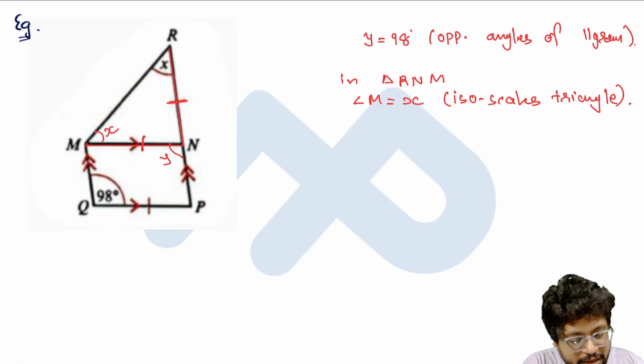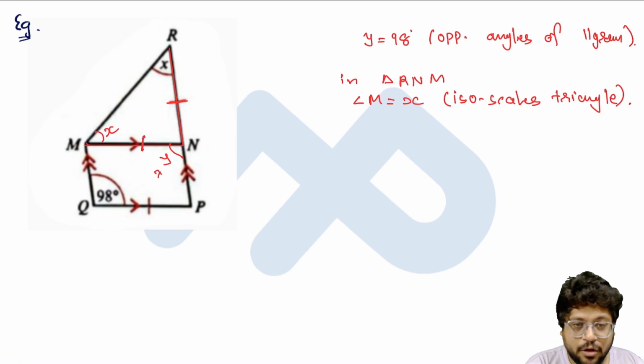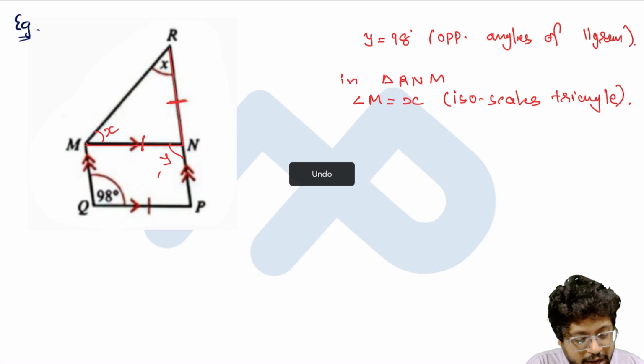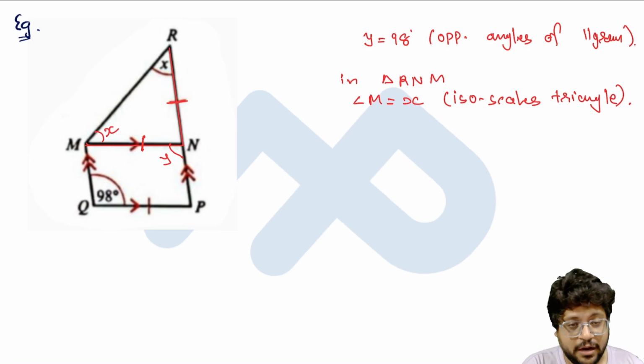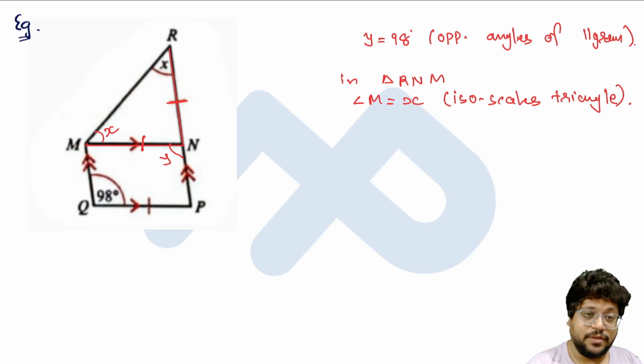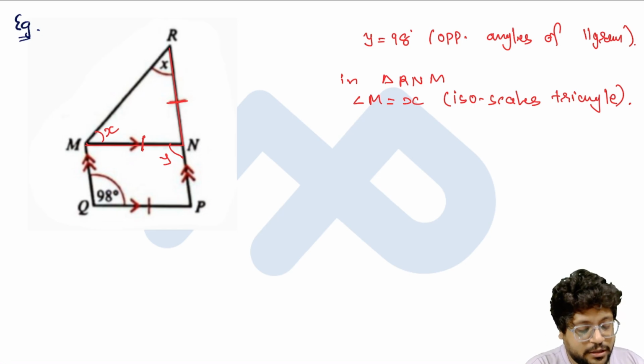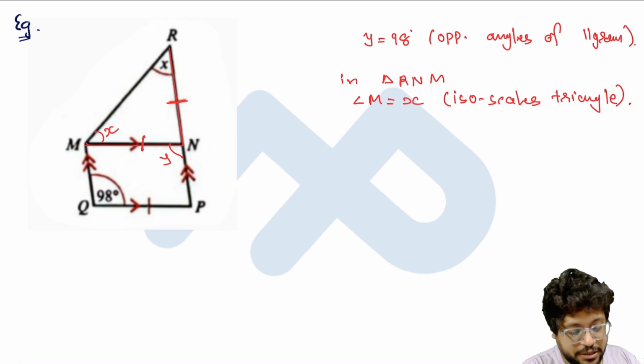And this y is the exterior angle of this triangle RNM. So if it's an exterior angle, we can apply the exterior angle property which we have seen in the last video, that the exterior angle of any triangle is equal to the sum of the two opposite interior angles.